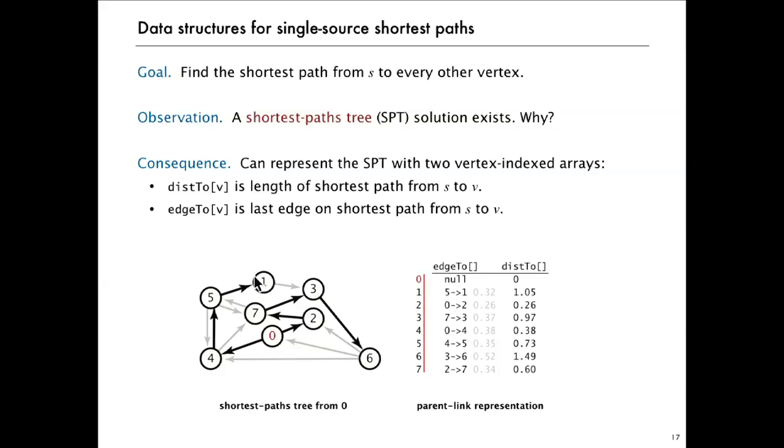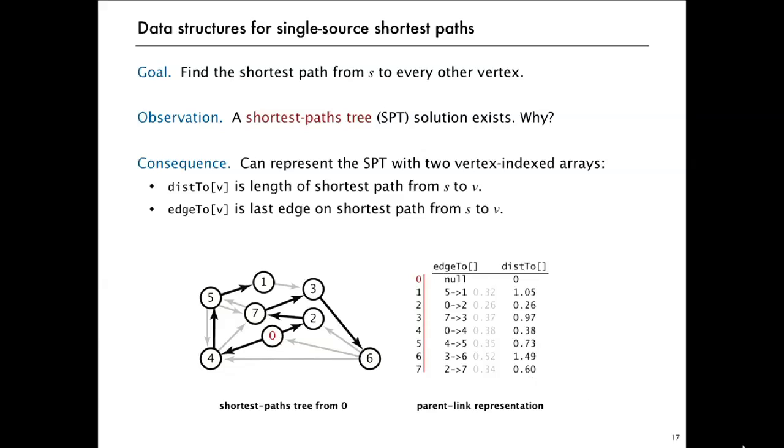So in this case, we have this shortest paths tree, and we'll keep the length of the shortest path from the source 0 to each vertex. So 0, 2: the length of that shortest path is 0.26. 0, 2, 7 is 0.60, and like that. Because you go from 0 to 2, 0.36, and from 2 to 7, 0.34, you get 0.60.